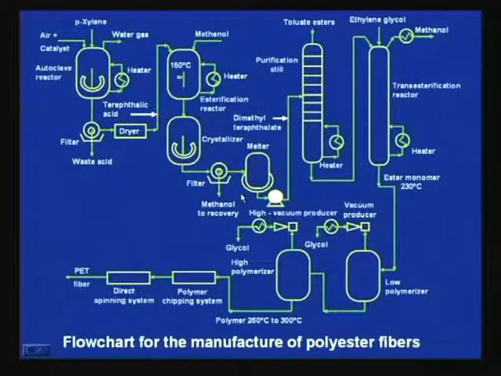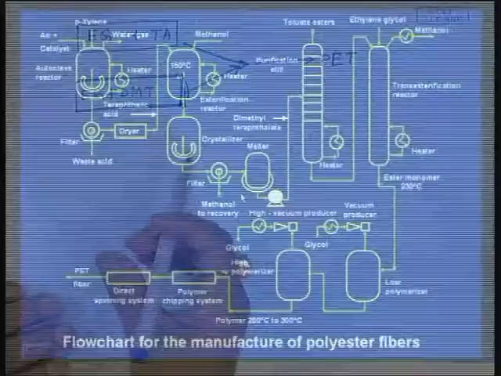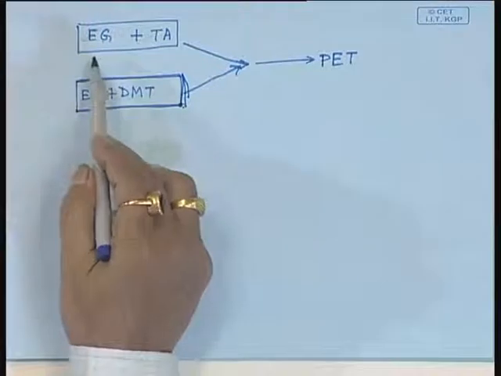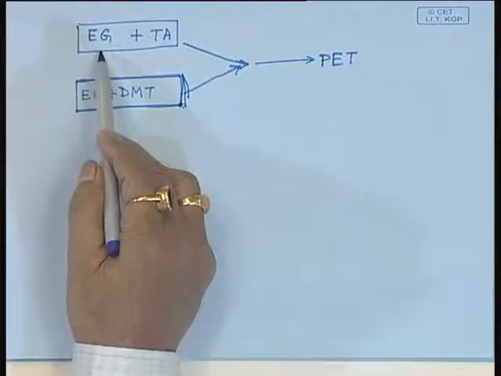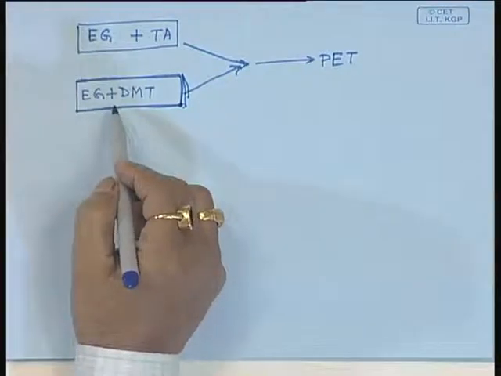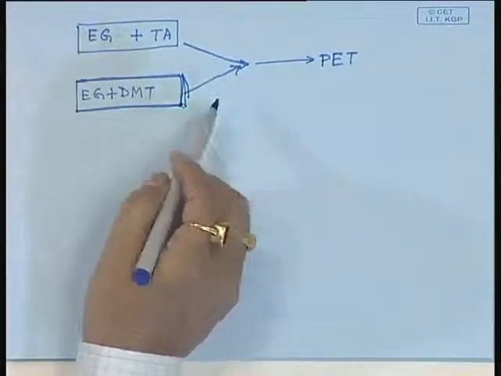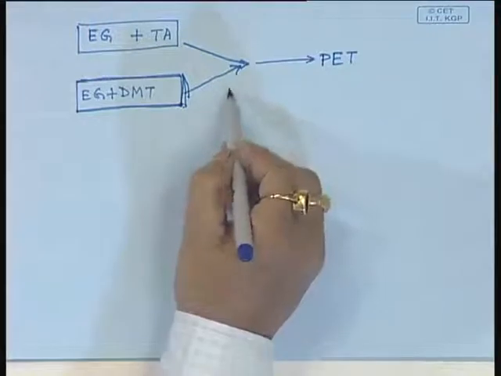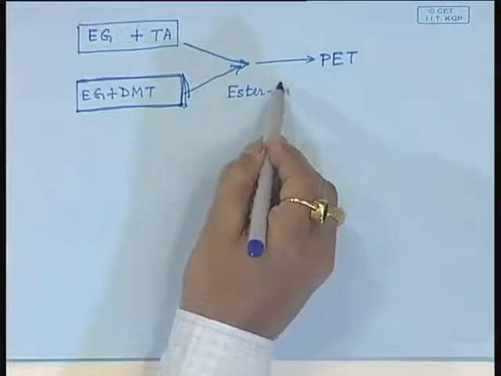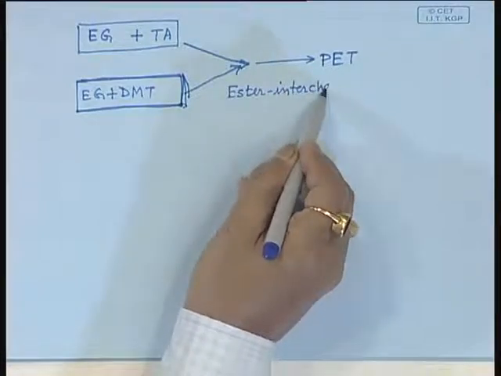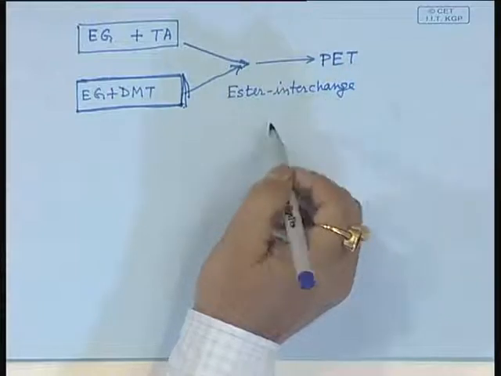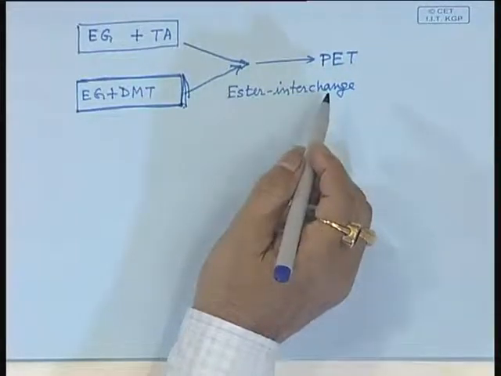Although when we study these polymerization principles, we just show that these reactants like ethylene glycol and terephthalic acid or ethylene glycol and dimethyl terephthalate are reacted, and by the ester interchange process principle, this polyethylene terephthalate is made.